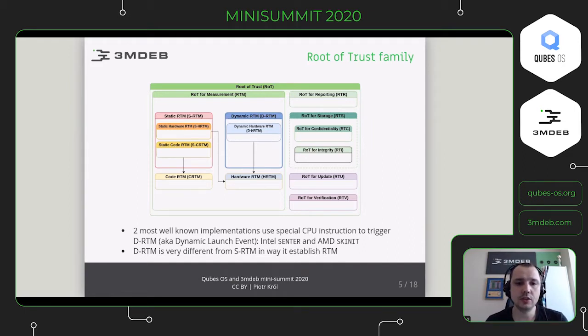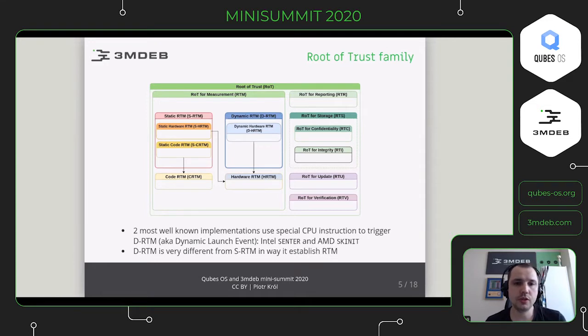There are in general two most well-known implementations of that, which are made by CPU instructions. These are the Intel SENTER and AMD SKINIT instructions.